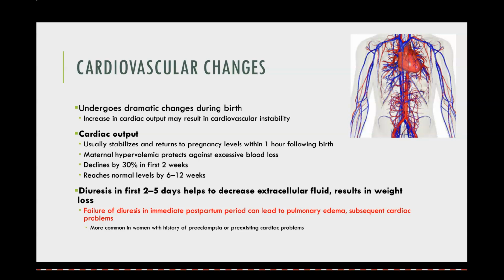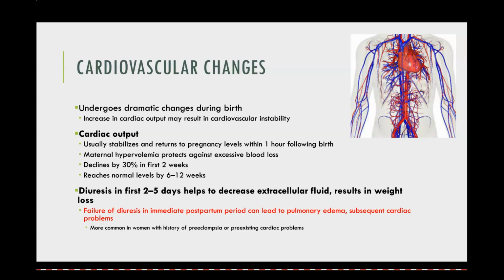And this maternal hypervolemia that occurs during the antepartum period helps to protect your patient against excessive blood loss. So remember when we talked in the antepartum period about how we have this massive increase in plasma volume and red blood cells, and all of these things increase in the antepartum period.